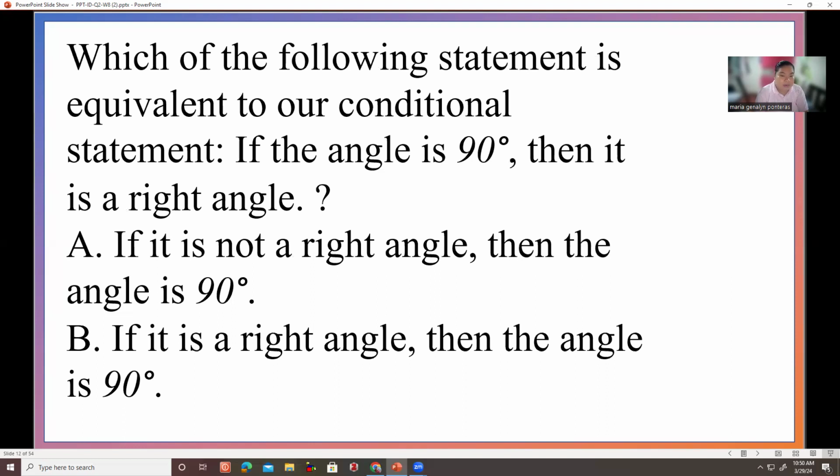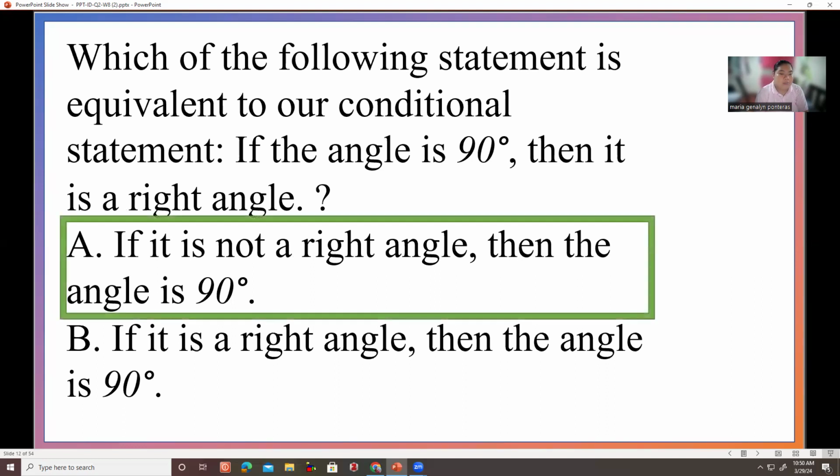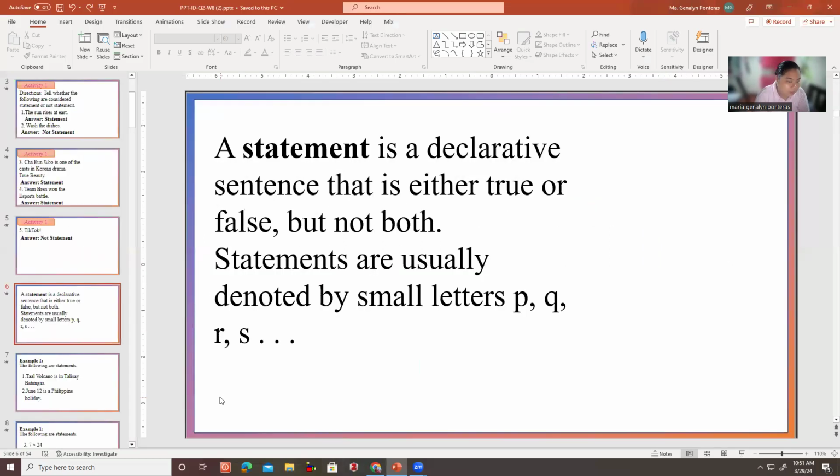If it is a right angle, then the angle is 90 degrees. This is what? The converse of our statement. Letter A, if it is not a right angle, then the angle is 90 degrees. I think it's a typo error. Let me check first.